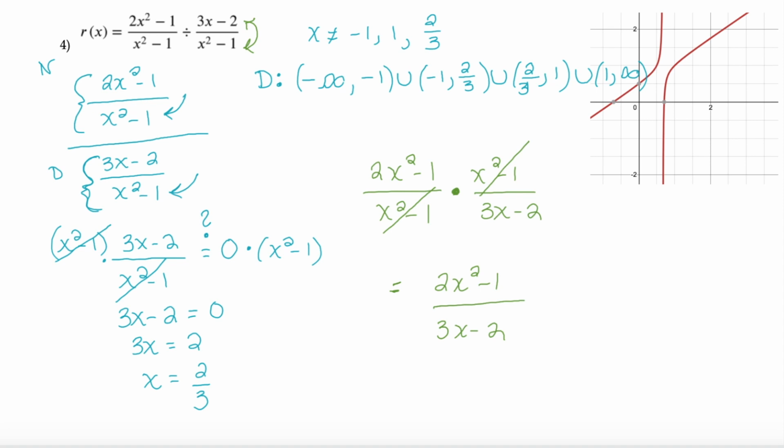So it's interesting that at positive 1, which we can't see on the graph, and negative 1, there would be holes there. And positive 1 we can't see, it's going to be way down below here. There would be holes because we canceled off the x plus 1, x minus 1 portion.